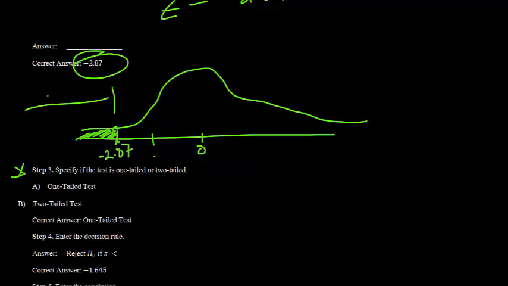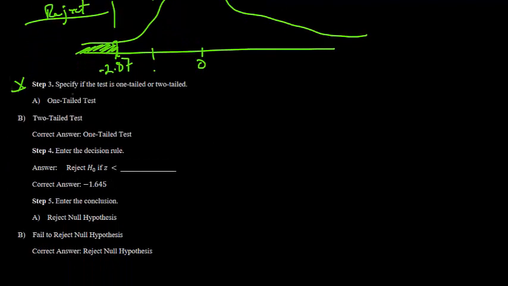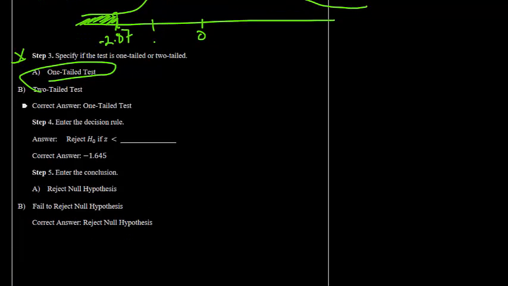If it falls this way, I'm going to reject, and over here I'm going to fail to reject. So the specified test is a one-tailed test. And there it is, one-tailed test.